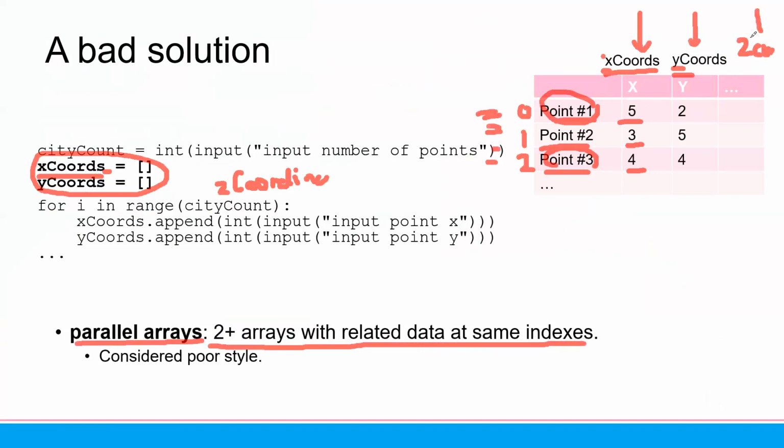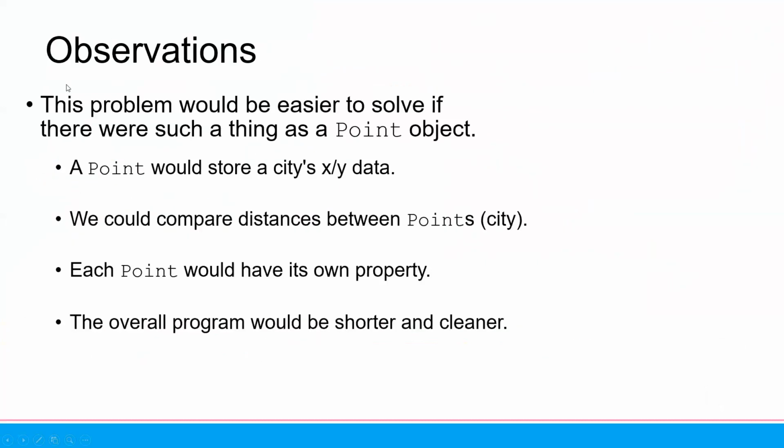We have this list for index 0, 1, 2. So this is a bad solution, because when you increase the number of variables, you will also increase the number of lists, and this is not good. We can use another way.